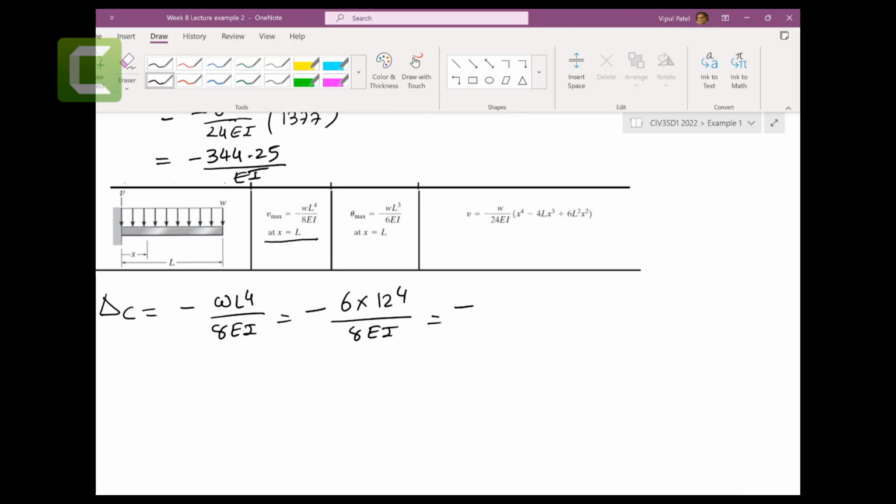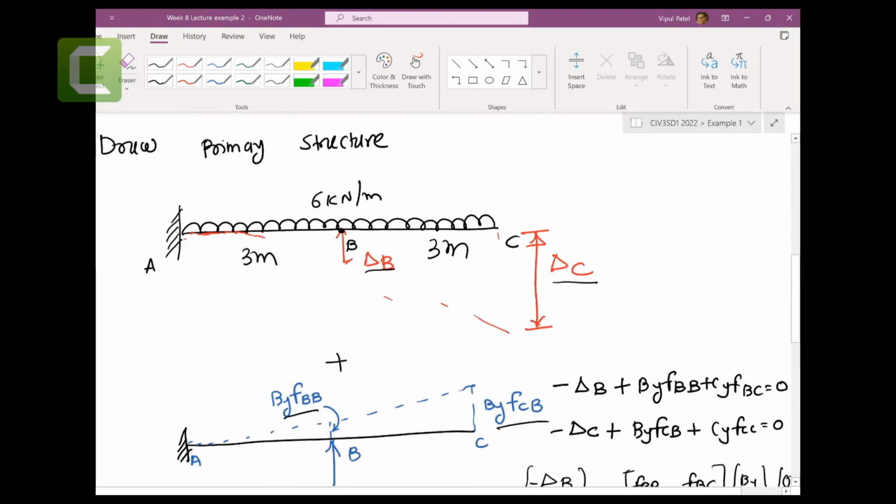Oh sorry, that is 6 squared. Just a correction: 6 times 6 to the power 4 over 8. You get 972 over EI. I hope you understand finding the second deflections.